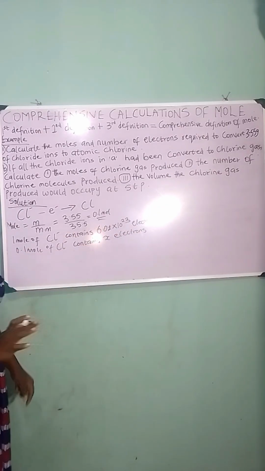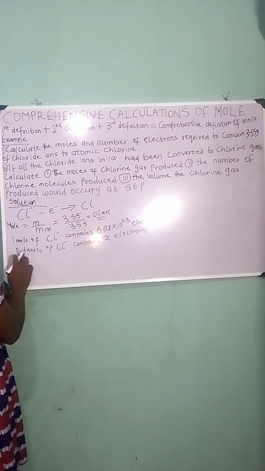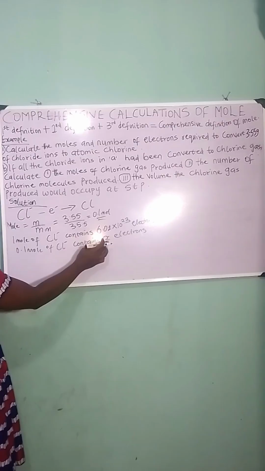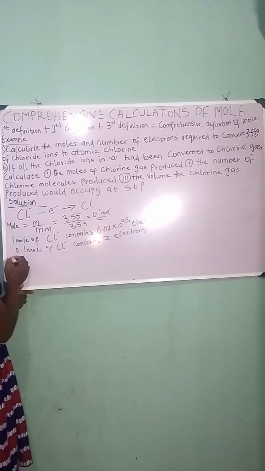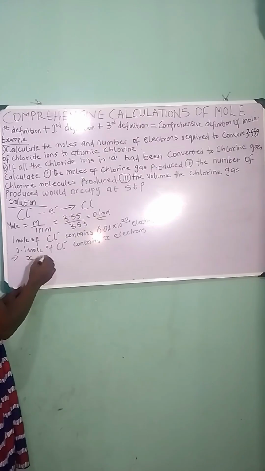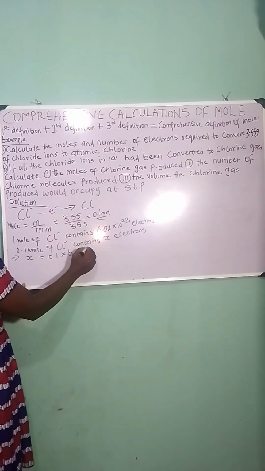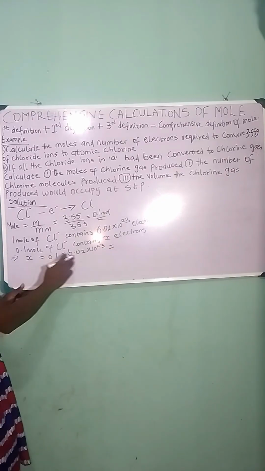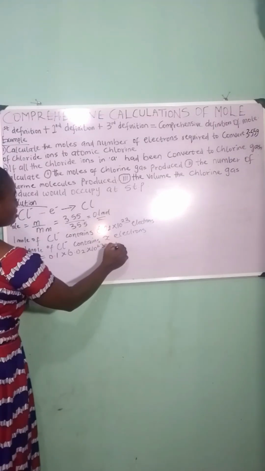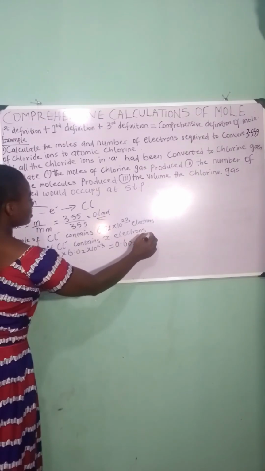When we have established this relationship, the next thing we do is to cross multiply. So 0.1 times this and X times this. And of course, X times 1 is equal to X. So I will go ahead and say X is equal to 0.1 times 6.02 exponent 23. By the time you press your calculator, you'll be getting 0.602 exponent 23.